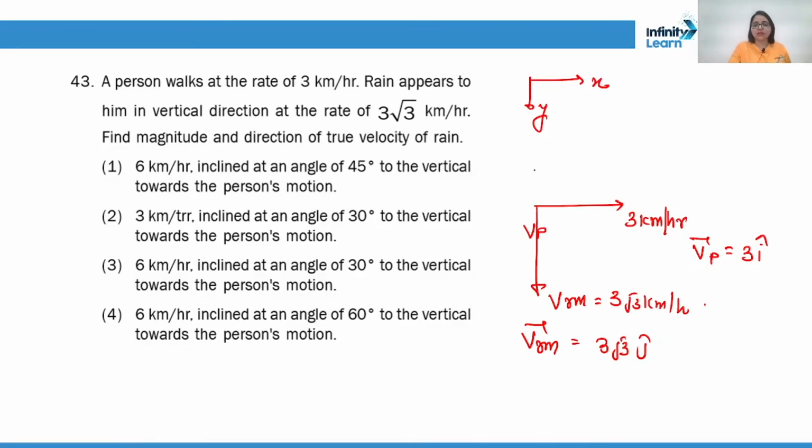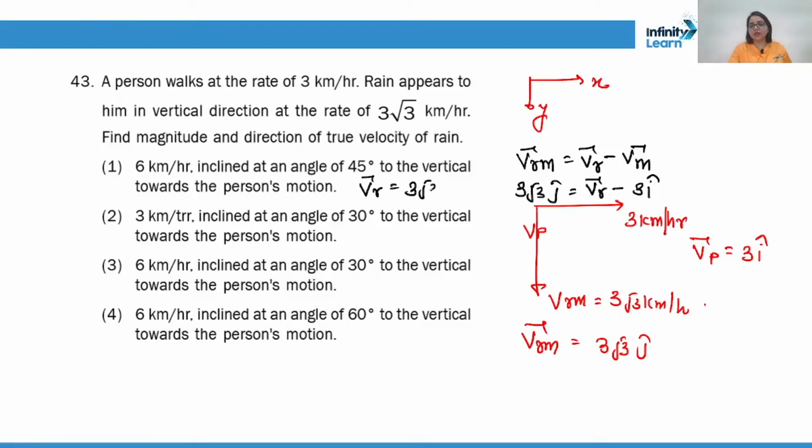Right? What is the velocity of rain with respect to man? So VRM vector is equal to VR vector minus VM vector. VRM is 3√3 j cap, equal to VR, I don't know what VR is, minus VM, which is 3 i cap. So using this relationship, you can find VR vector as 3√3 j cap plus 3 i cap. So basically the actual velocity of the rain in the x-axis is 3 and in the y-axis is 3√3.